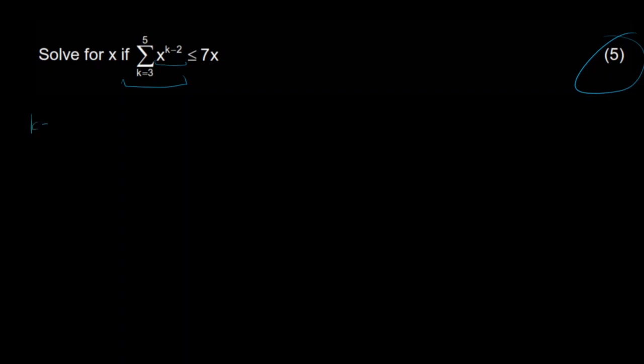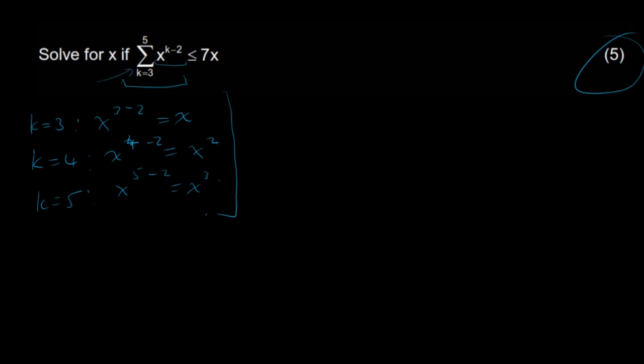So where k is equal to 3 we shall have x to the power 3 minus 2, which is just equal to x. For k equal to 4, well, we can see where this is going. That's just going to be 4 minus 2, so we'll have x squared. And then where k is equal to 5, we shall have x to the power 5 minus 2, which is just equal to x cubed.